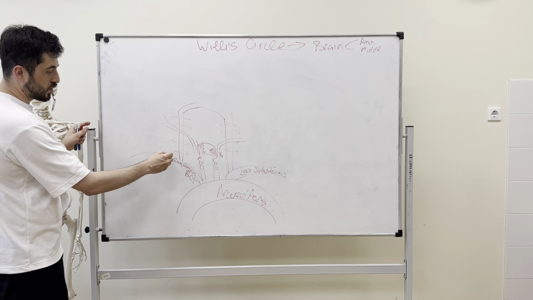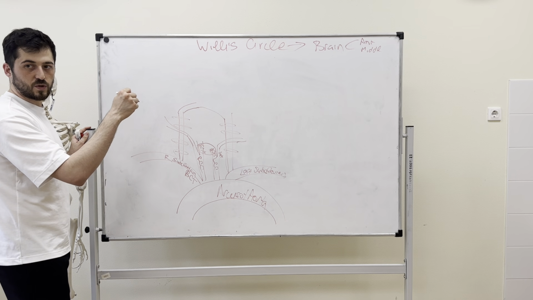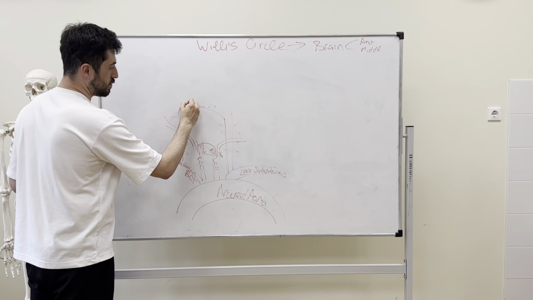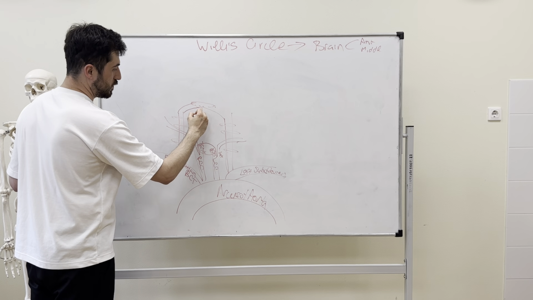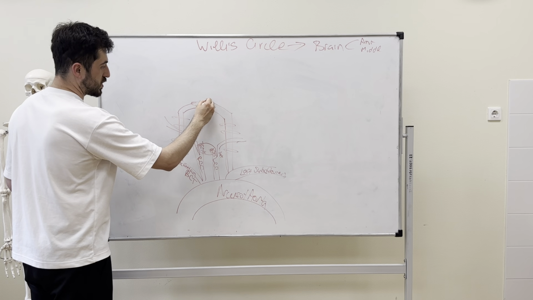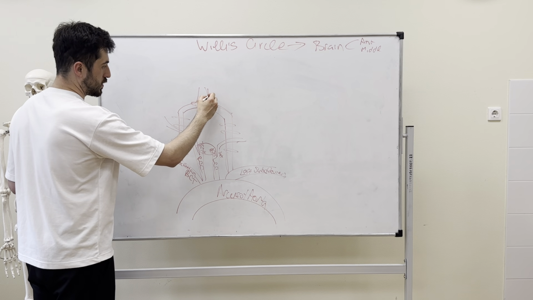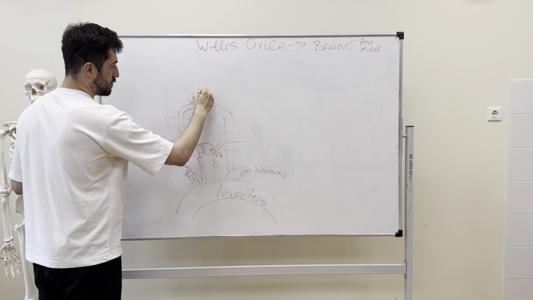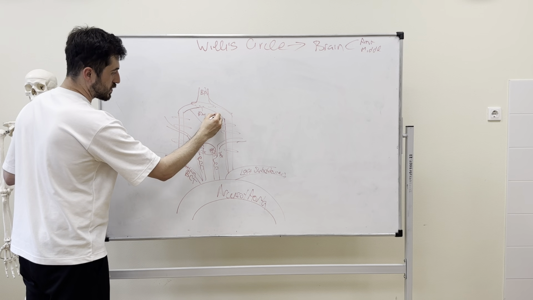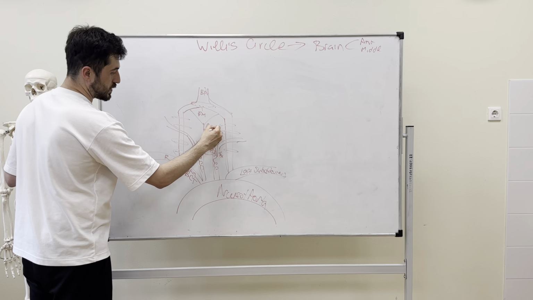They pass through all these foramens and enter the neurocranium, the cranial fossa, through the foramen magnum. Here will be the foramen magnum, and they fuse to form which artery? The basilar artery. And the vertebral arteries give off two branches to form the anterior spinal artery.